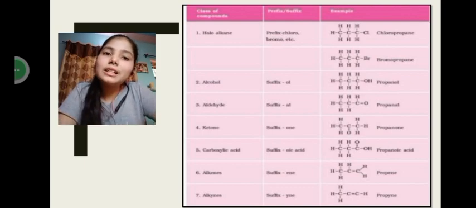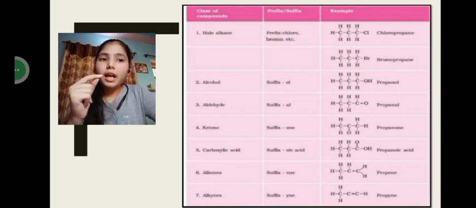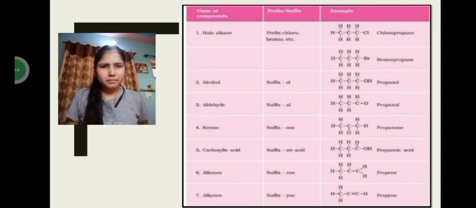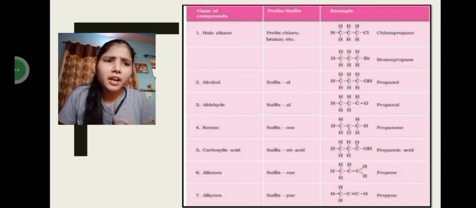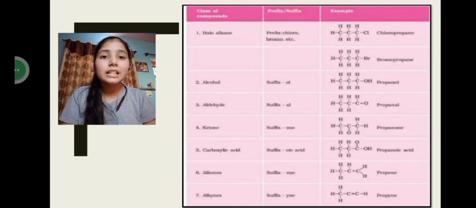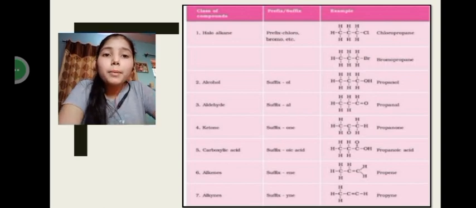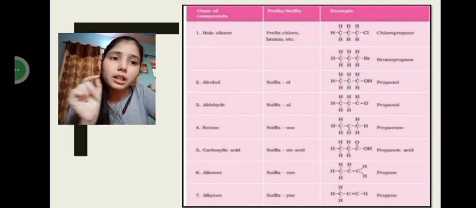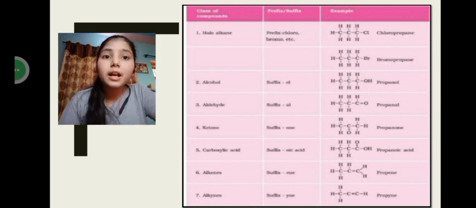Okay, so another one is ketone. Ketone also means carbon is attached to double bond oxygen. So what is the difference here? Actually, there is some minor difference between aldehyde and ketone.